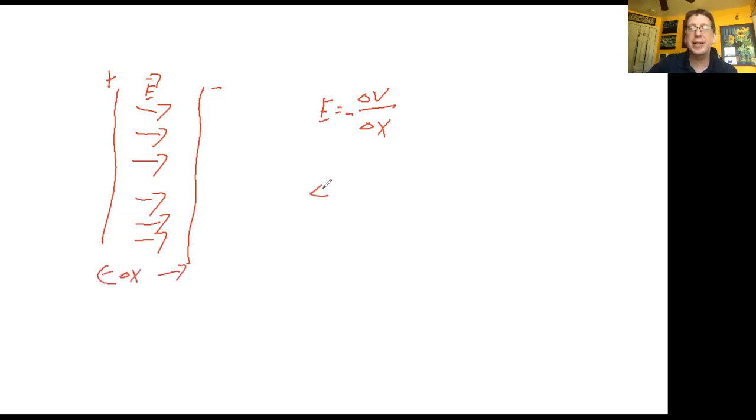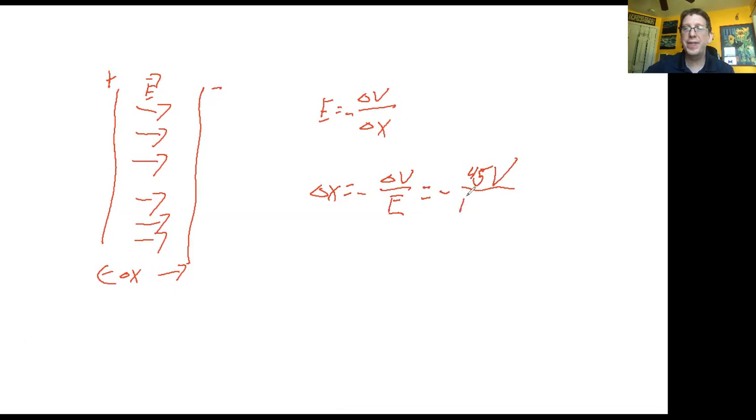And so delta X is equal to negative delta V over E. And so again, remember, we're losing electric potential going from positive to negative. So it's a 45 volt battery, which means the potential difference is 45 volts. So that becomes negative 45 volts divided by the electric field, which we are told is 1300 volts per meter.